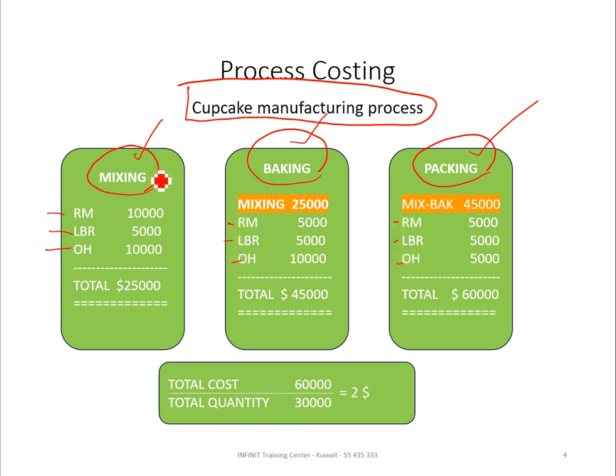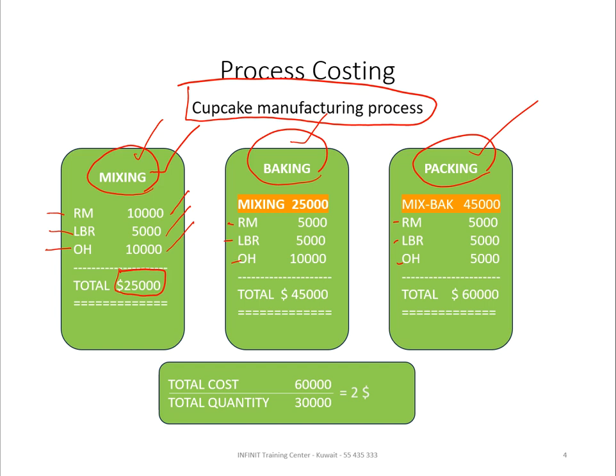We can take mixing as an example. Raw material cost is 10,000, labor cost is 5,000, overhead is 10,000. Your total cost is 25,000. So the first process in this manufacturing unit is mixing.